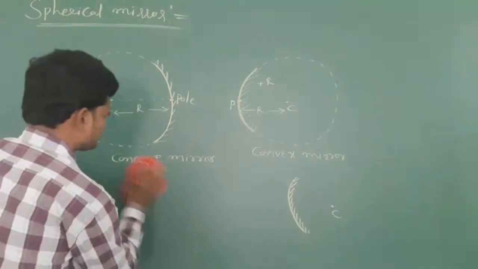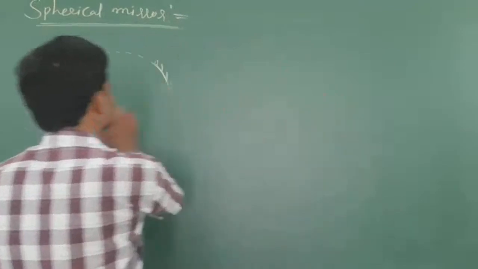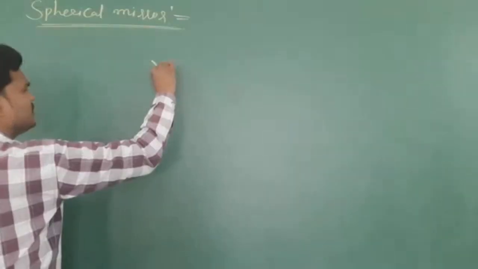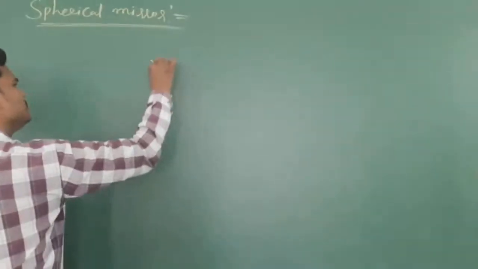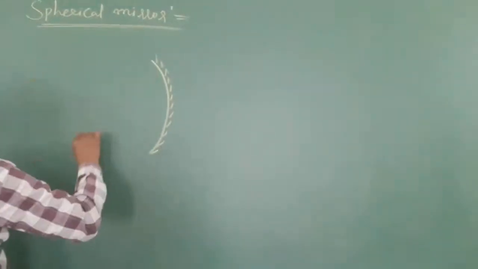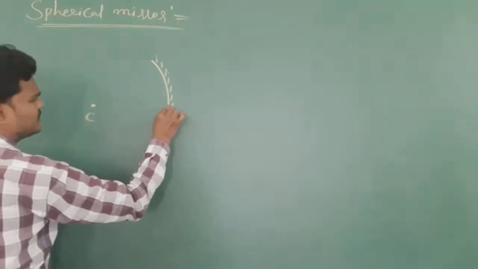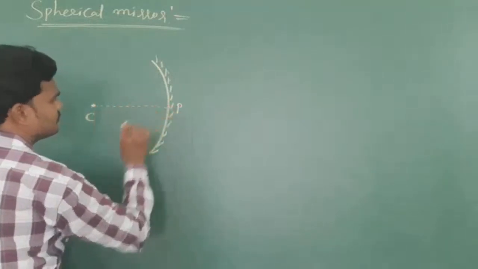Now, the radius of curvature is clear. See, if I take a concave mirror, this is the concave mirror whose center of curvature is towards the center of a hollow sphere, and this midpoint of the mirror is called the pole.